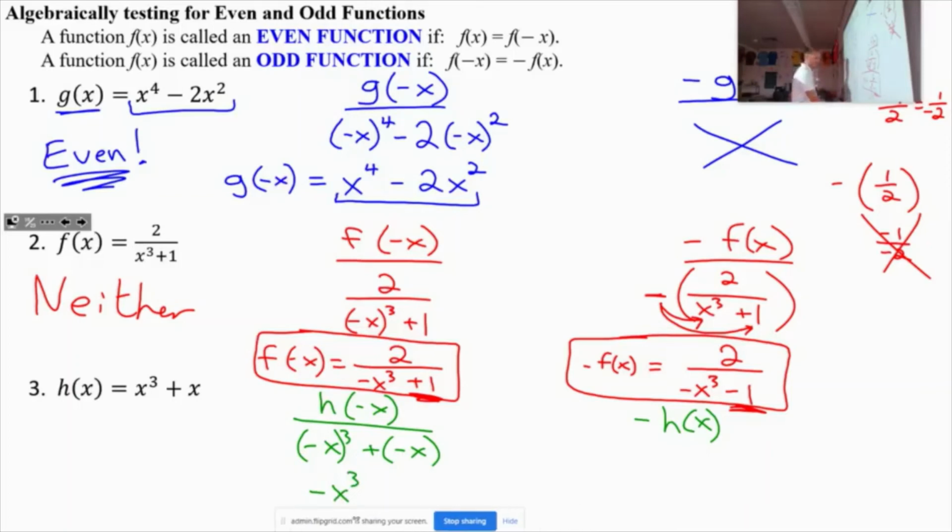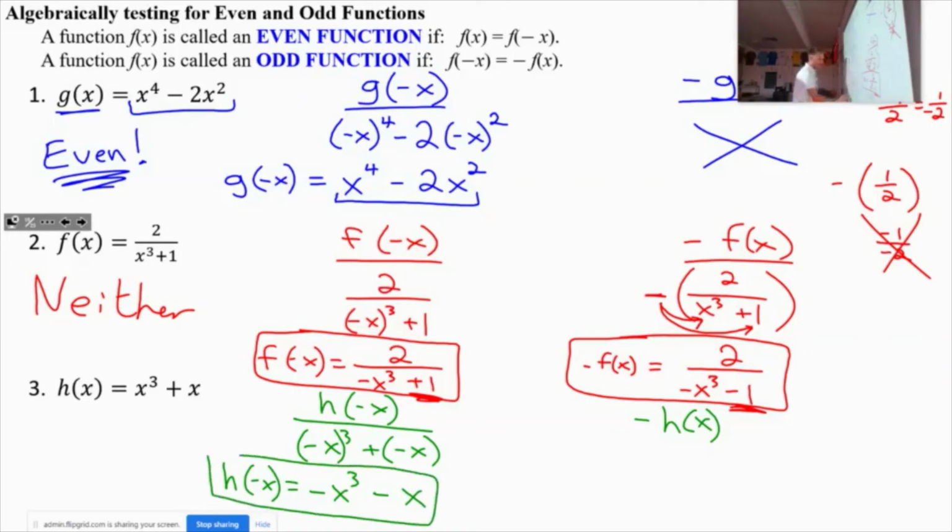And simplify. Negative x cubed gets me negative x cubed. Plus negative x, the same thing as minus x. So that's my simplified h of negative x. All right, let's see. Does that match my original? Definitely not. So let's keep going.